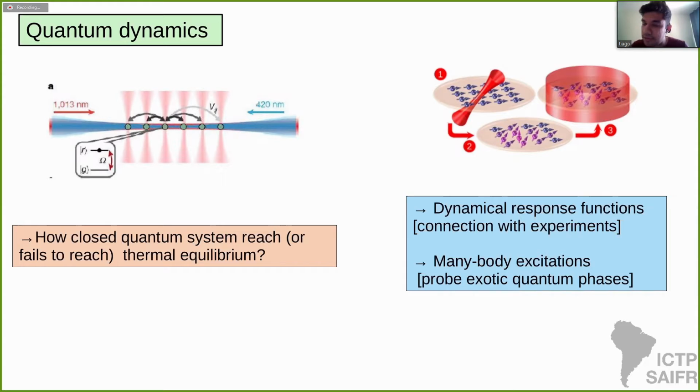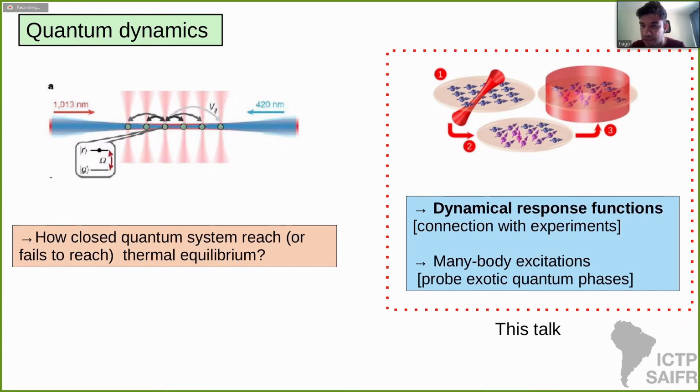Another interesting direction is that with dynamics, we can also compute dynamical response functions and connect with experiments, and also many-body excitations. So today I want to focus on this part. I want to use this neuroquantum state and propose a method to compute dynamical response functions, like Green's functions.